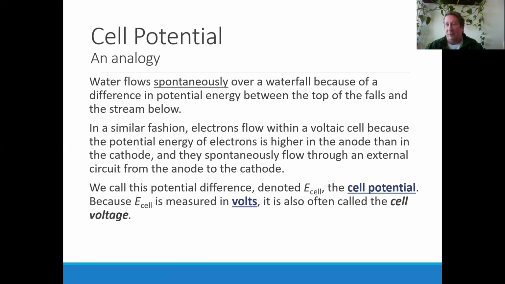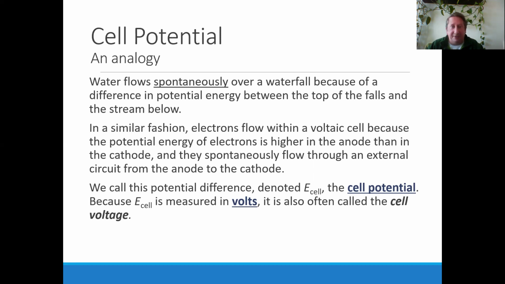So therefore, electrons from zinc will flow spontaneously towards copper in the same way that the water flows down the waterfall from a higher potential energy to a lower potential energy. So there's a difference in potential between those two metal electrodes, between zinc and copper. There's a higher potential in the zinc and a lower potential in the copper.